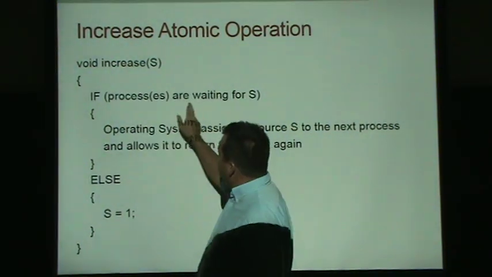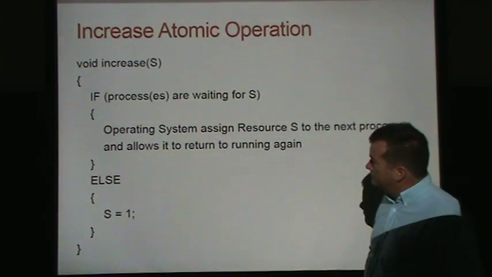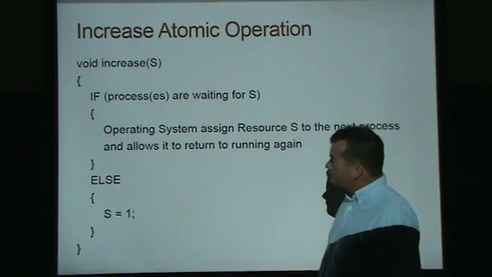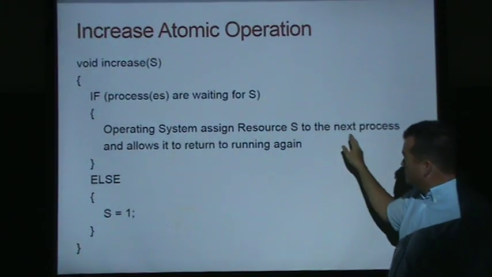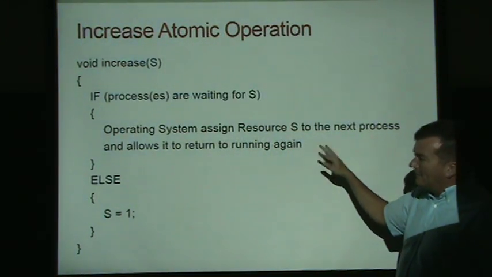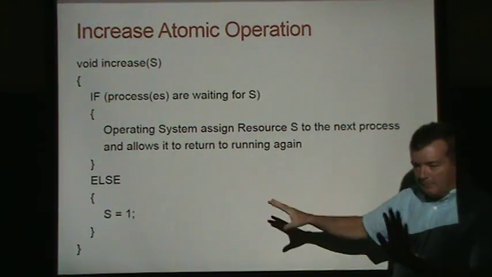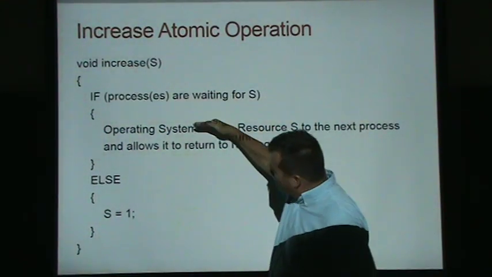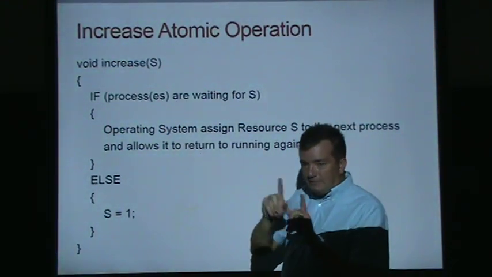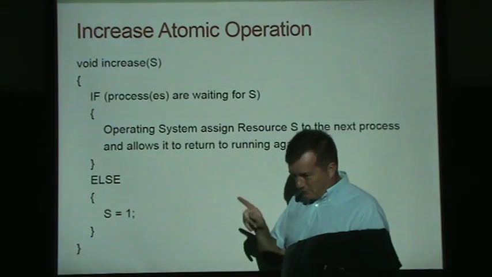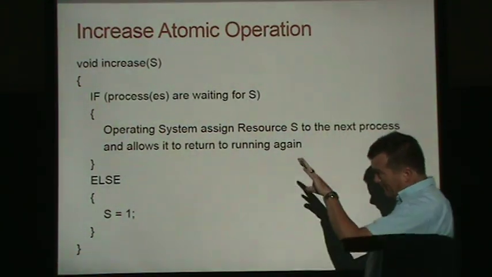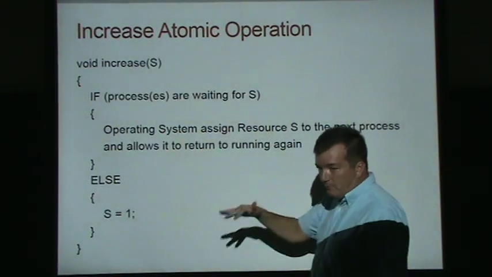So if there are processes waiting for this resource, the operating system will assign the resource to the next process and allow it to start running again. Again, I'm going to show you some pictures. If I wrote out the code here, it would look like a lot of data structures code moving pointers around, so I'd rather write it out in English and then draw a picture of what's happening.